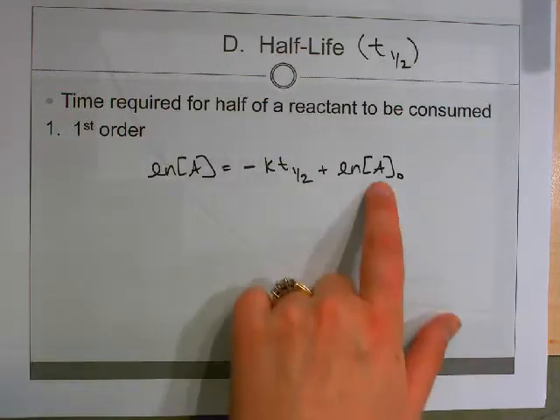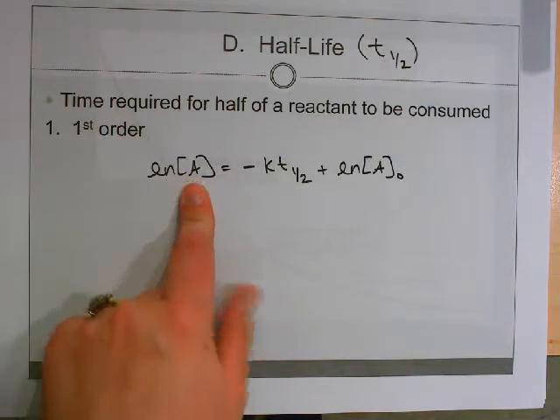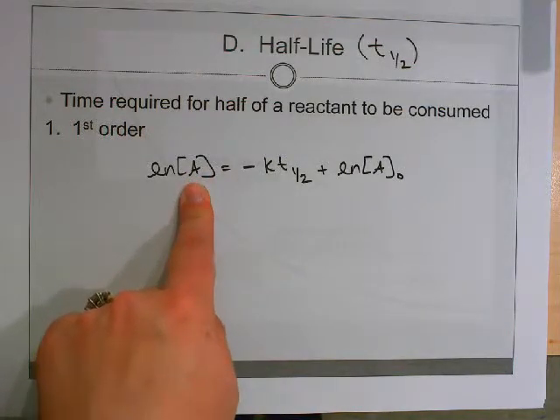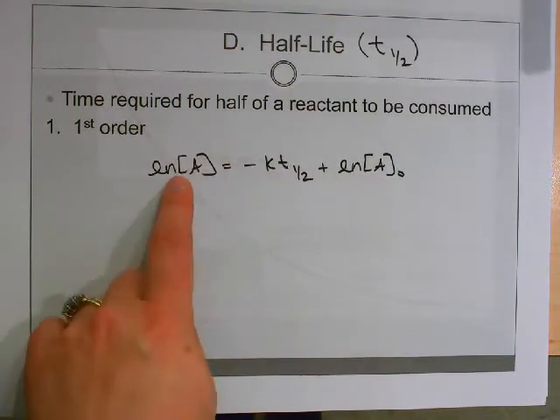So if I know the initial concentration is 50 moles, what concentration must it be at half over? 25, right? You took this concentration and divided it in your head by half.